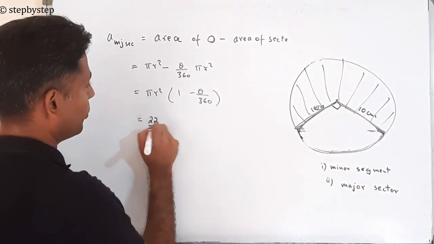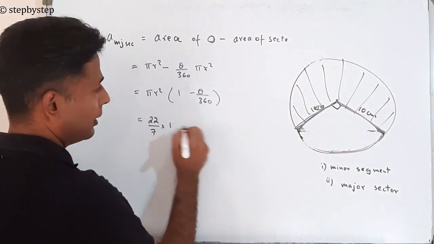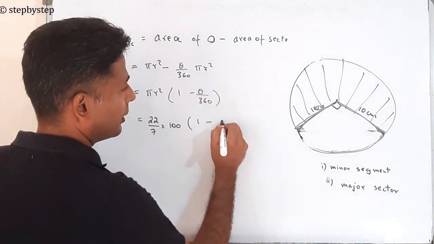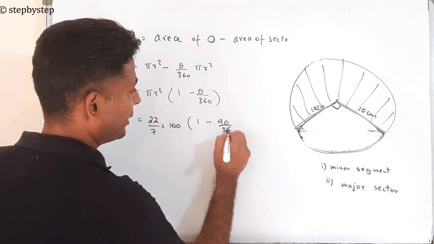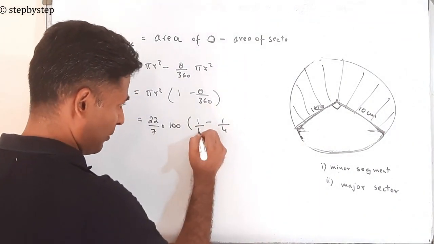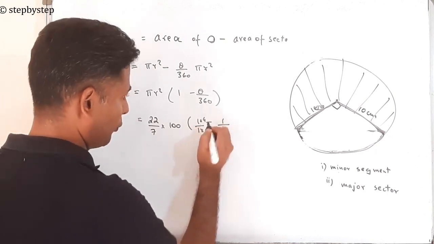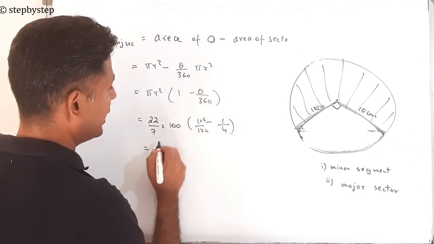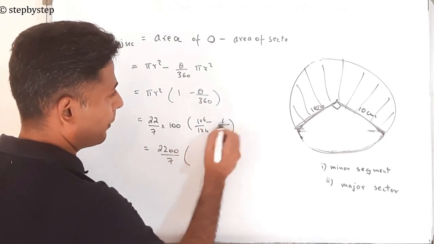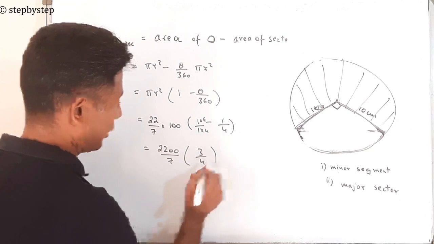Now pi r square is 22 by 7 into r is 10. So 10 square is 100 into 1 minus 90 by 360. So 90 by 360 is nothing but 1 by 4. So taking LCM, 4 minus 1, 3 by 4.